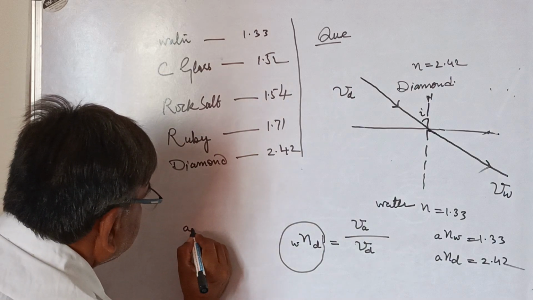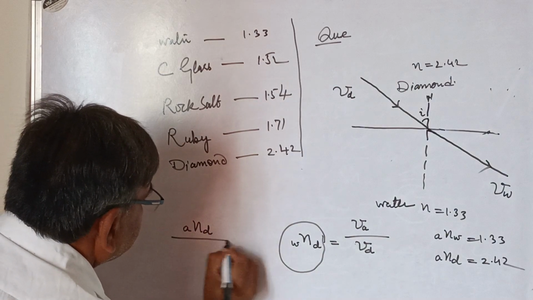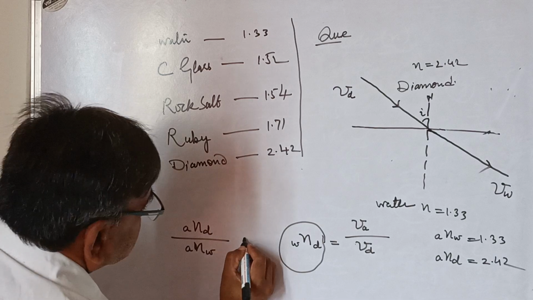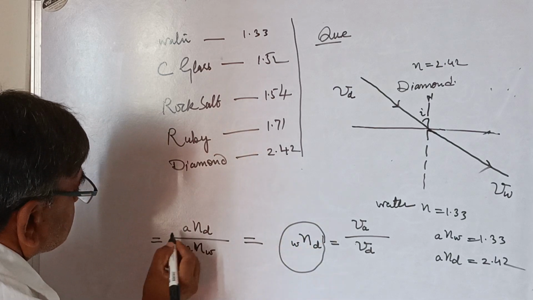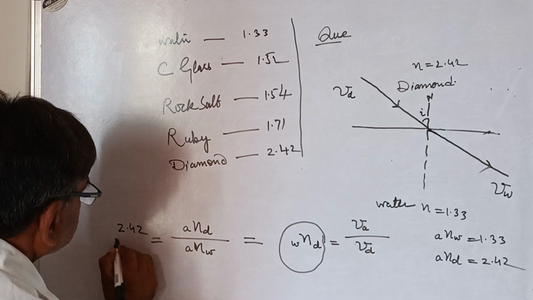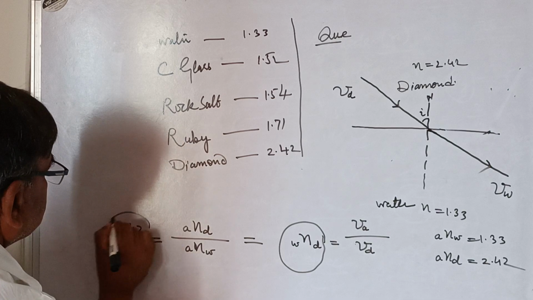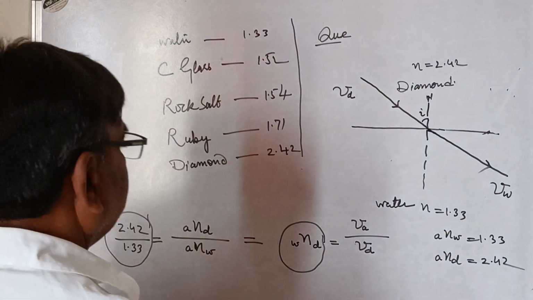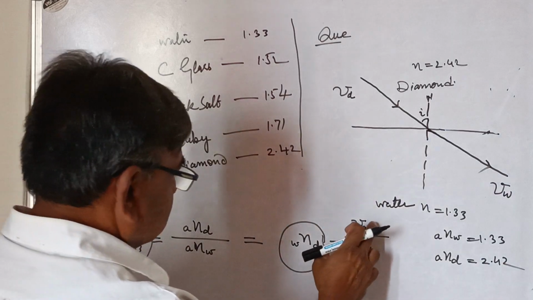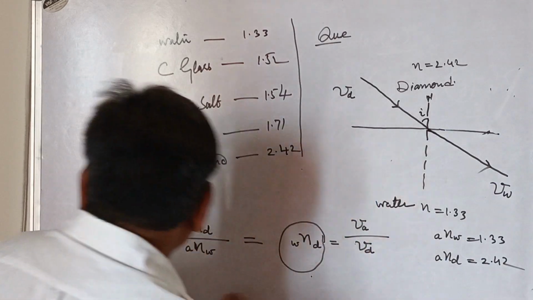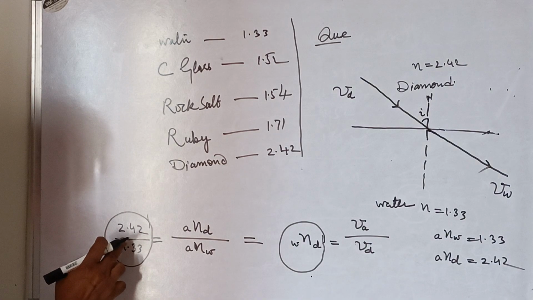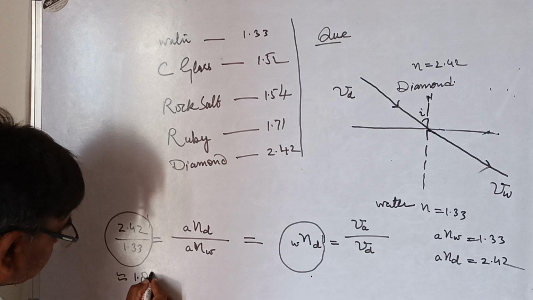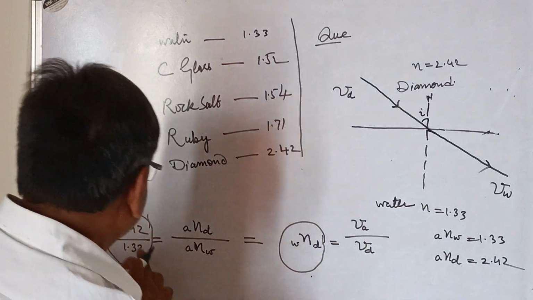You put aN_D divided by aN_W, that is 2.42 divided by 1.33. When you solve it, it comes to around 1.8, approximately 1.8 this ratio.